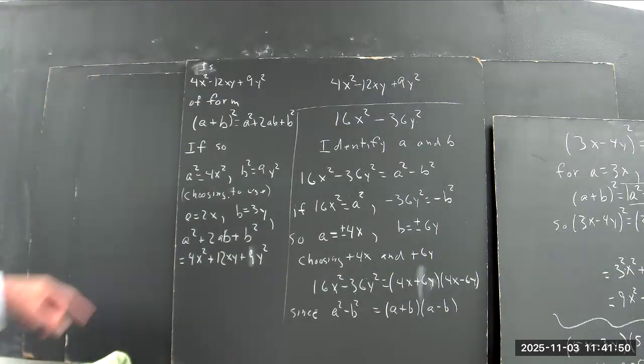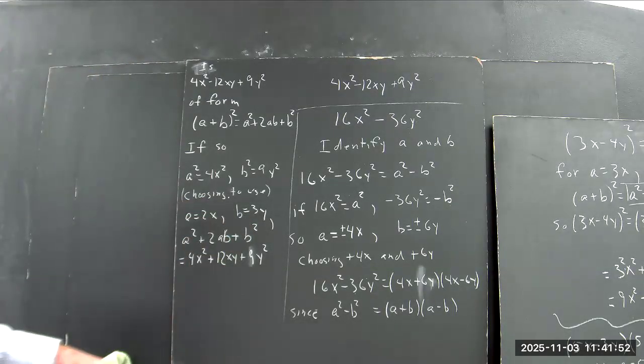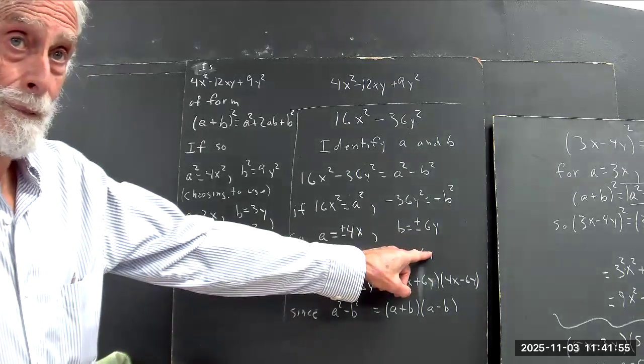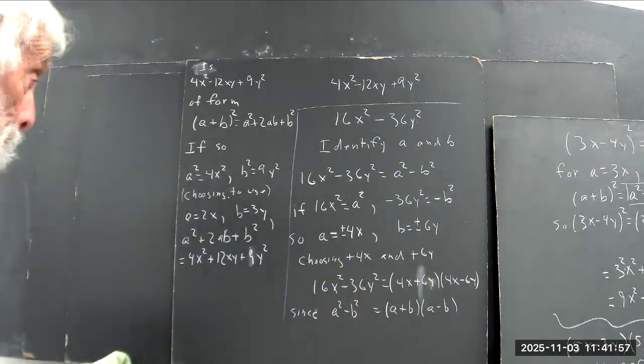If we chose 2x and 3y, remember we could choose the plus or minus on either of these, okay?